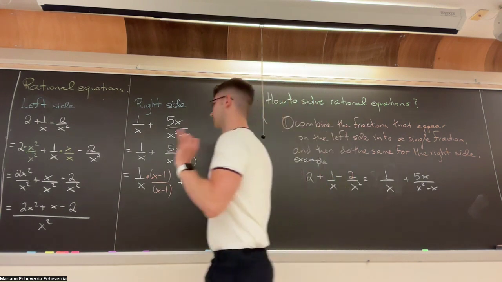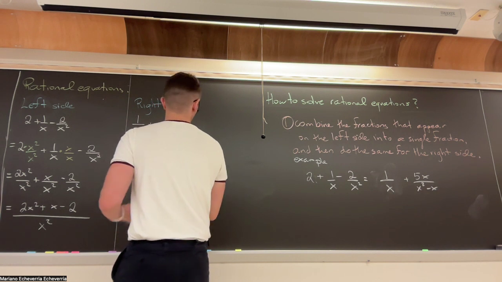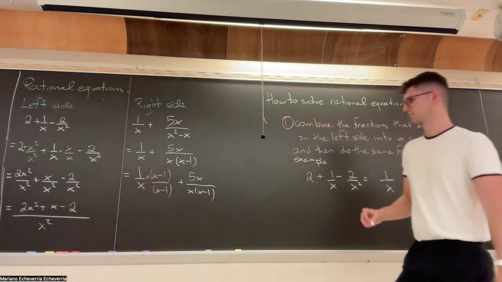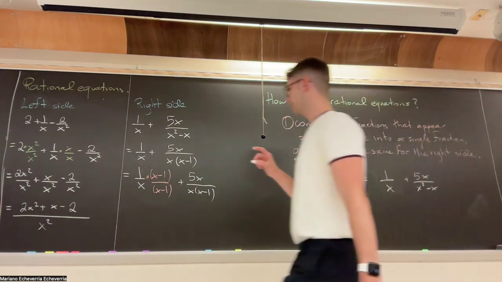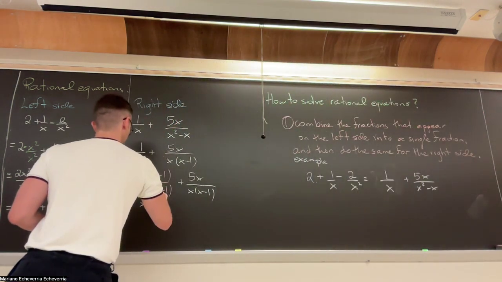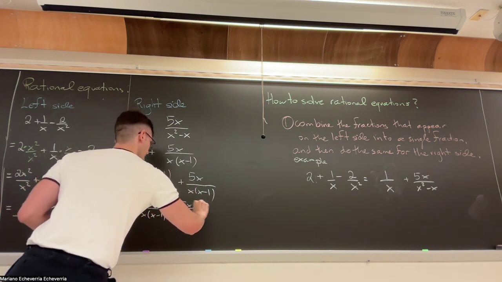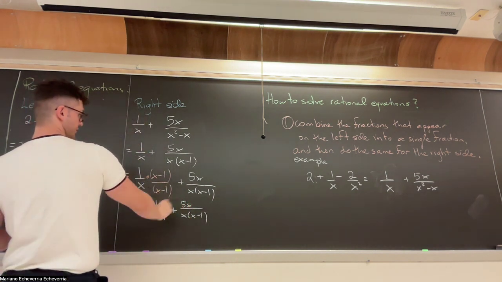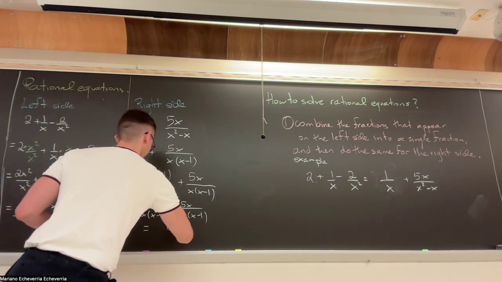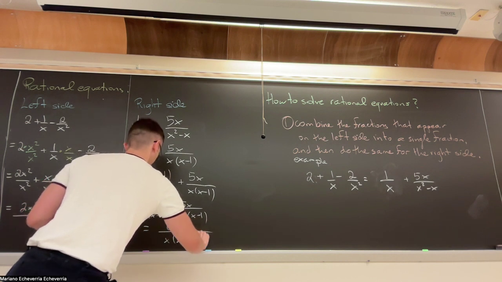So these give you x minus 1 over x times x minus 1 plus 5x over x times x minus 1. And when you add this x with this 5x it becomes 6x. So you end up with 6x minus 1 over x times x minus 1.